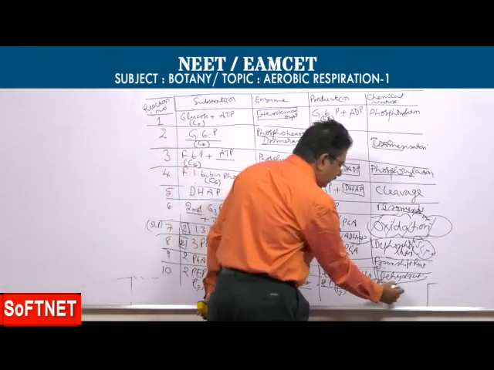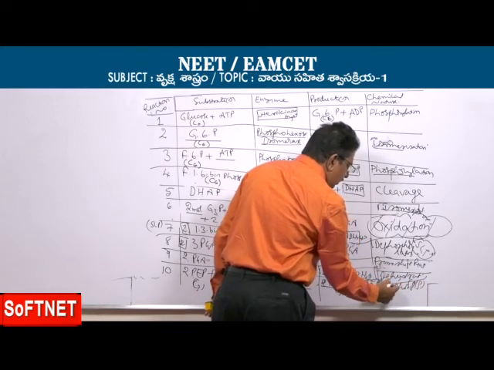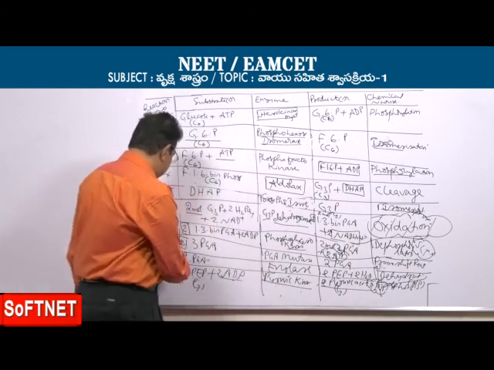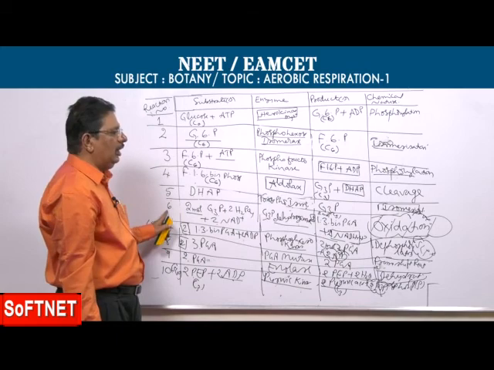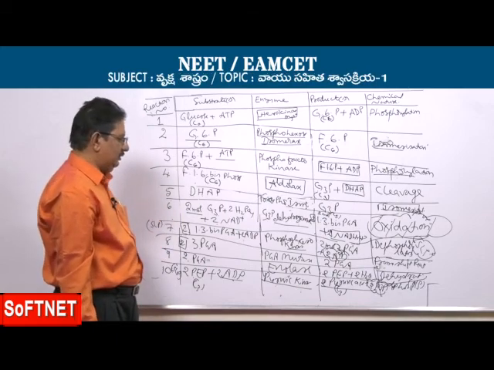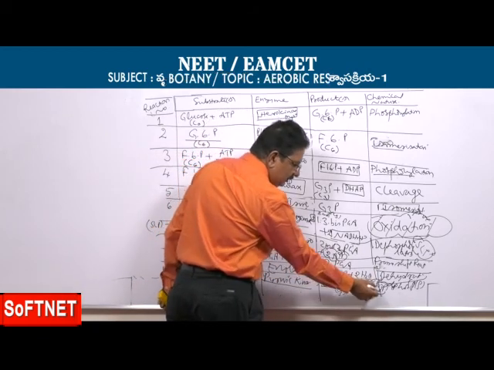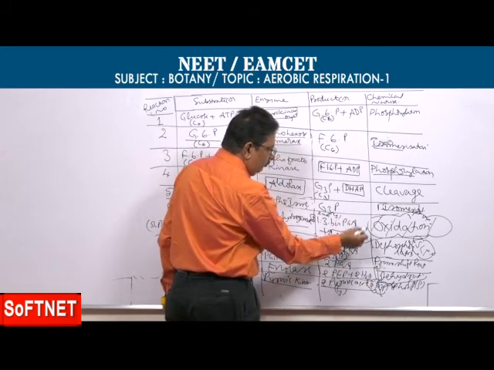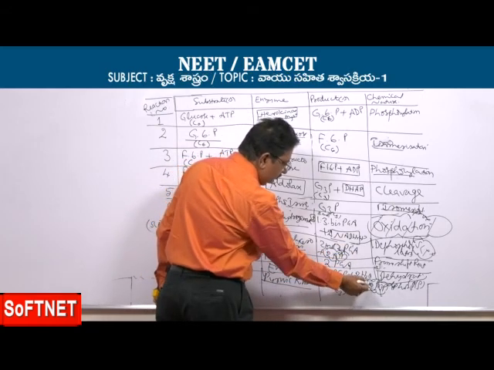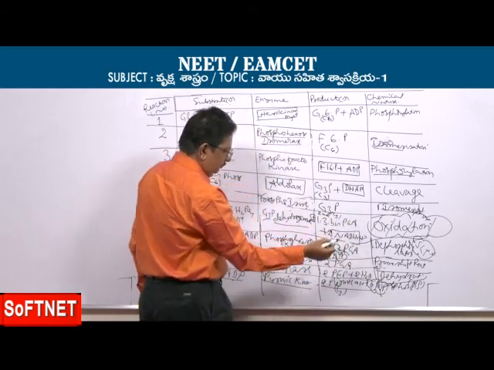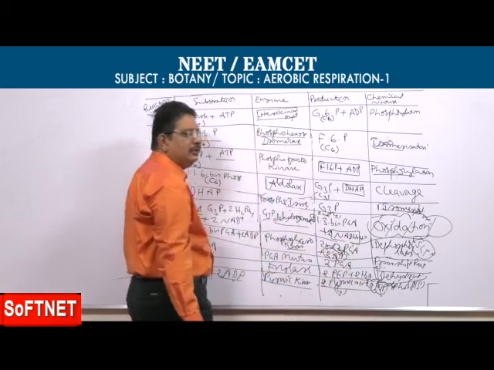So, it is another process called phosphorylation or dephosphorylation, SLP. So, the 7th and 10th steps are SLP reactions. So, the final products are 2 molecules of pyruvic acid, 2 plus 2, 4 ATP molecules, and 2 NADH plus.